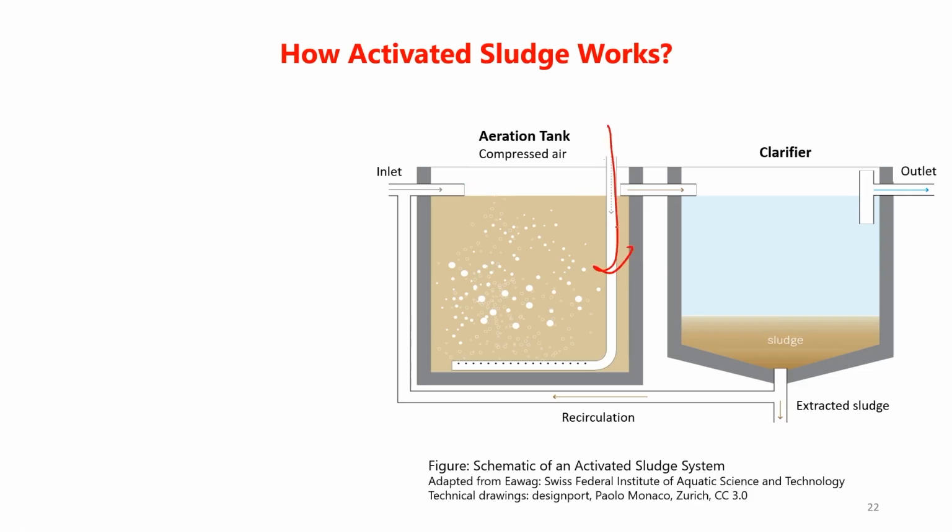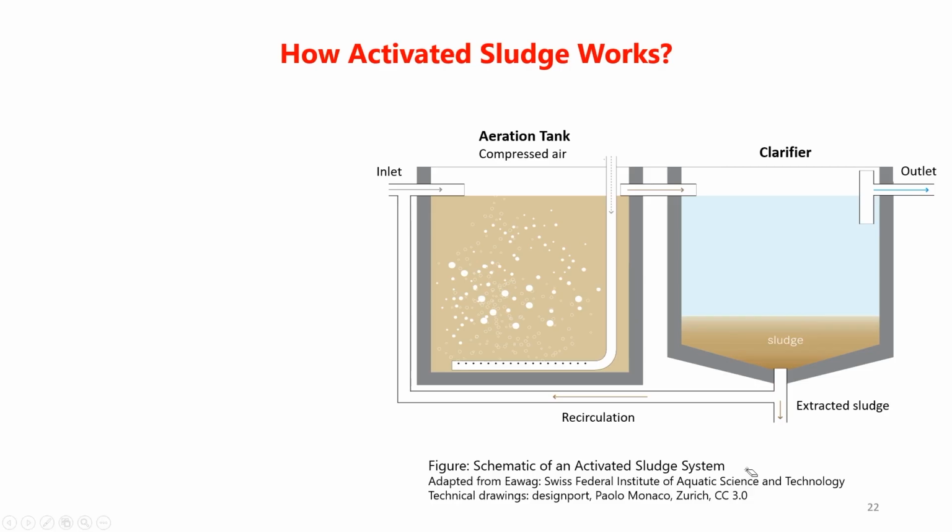You can see here from this point, and then the waste will be degraded in this particular tank, and then the degraded products will go to the clarifier, and here the sludge will be deposited, and this is the outlet through which the overflowing liquid will go out, and this sludge is extracted through this opening.